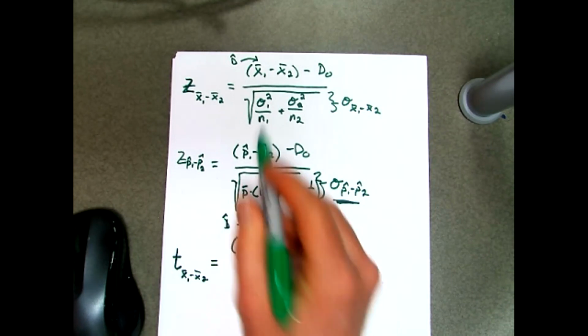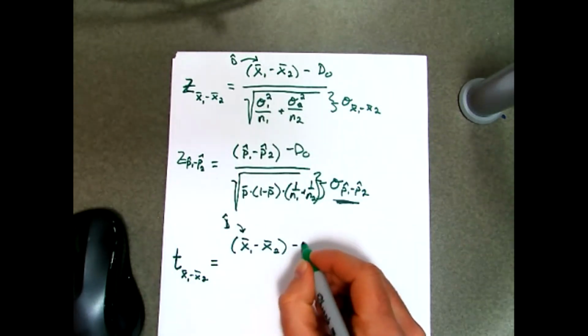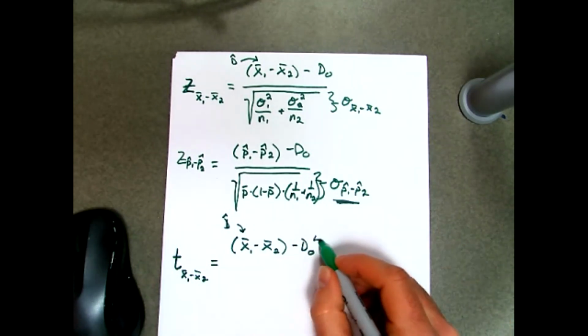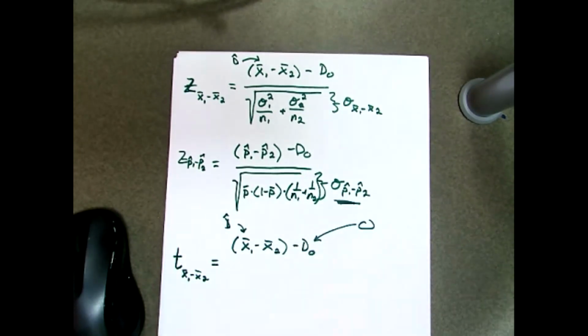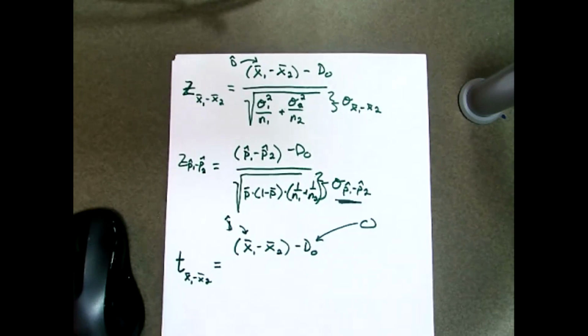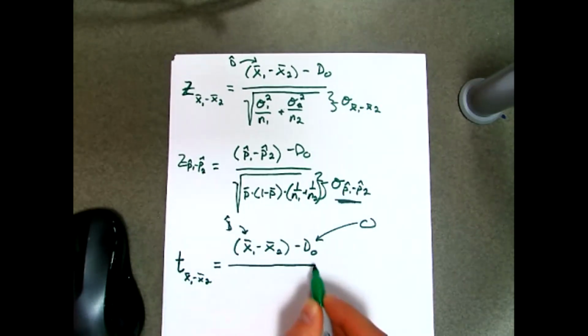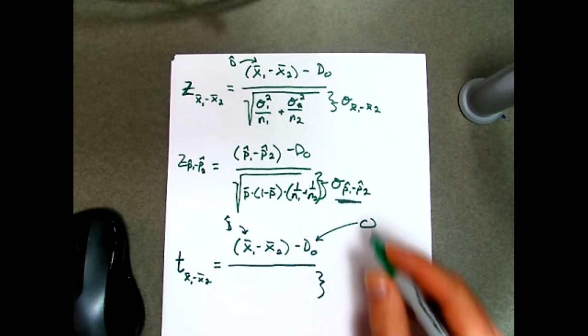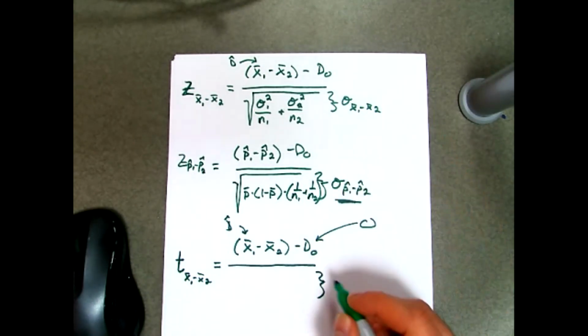So this looks pretty similar to what we were doing before. We're going to subtract this assumed true difference, which once again, on the problems that I give you, what I expect you to do on the exam, I'm always going to be using this assumed true difference of 0. And we still divide by the standard deviation for the difference in our sample means.